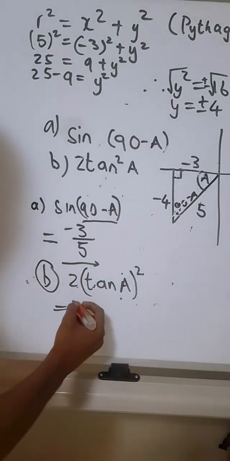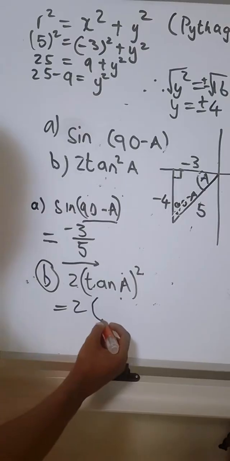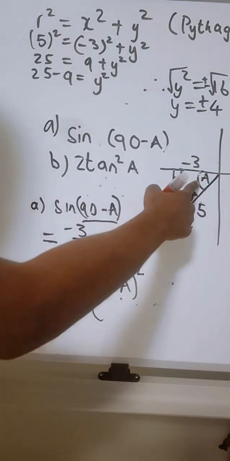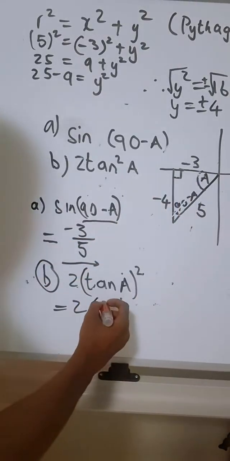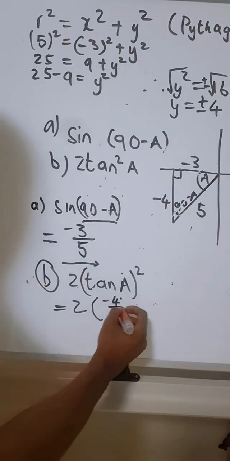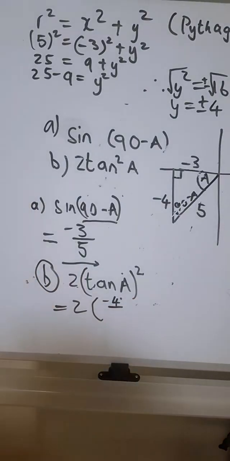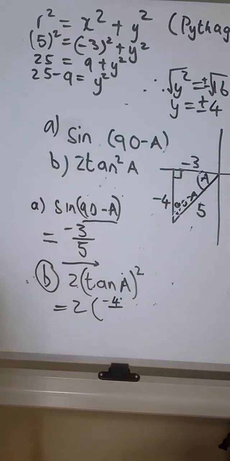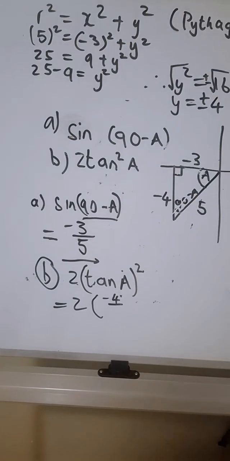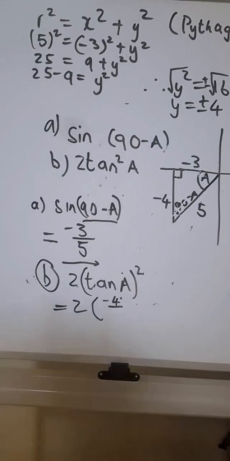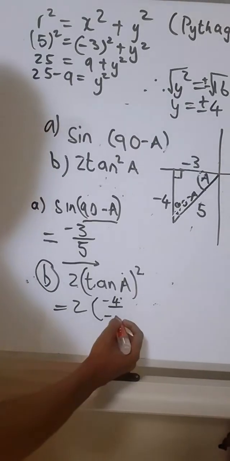I'm going to write 2 brackets tan, opposite negative 4 over adjacent, negative 3.